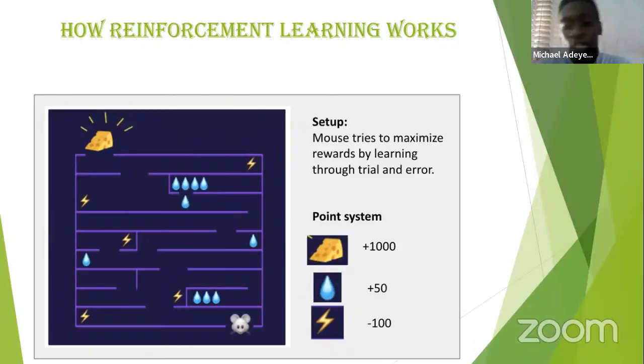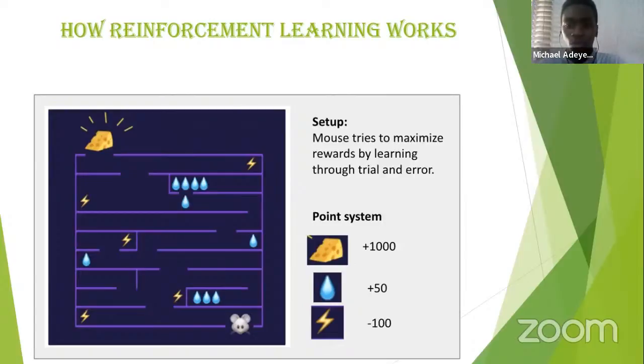If it gets to this thunder sign and gets minus 100, it's going to understand that, oh, I'm not supposed to get to that part. Maybe sometimes it can reach that place and go back, then go forward. So it's trying to understand the environment and how it's going to get to its destination.